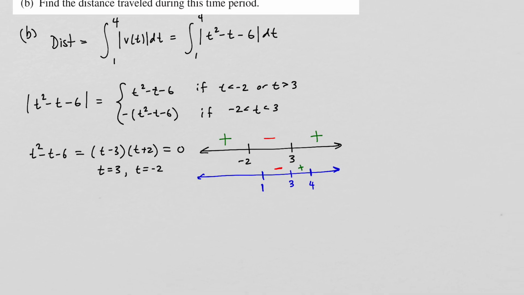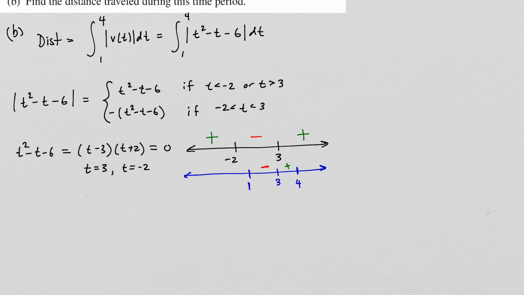What I'm going to do when I integrate this is integrate from 1 to 3 of the absolute value of t squared minus t minus 6, plus then I'm going to integrate from 3 to 4. But when we are integrating from 1 to 3, we are in this interval, and the absolute value is the opposite of t squared minus t minus 6.